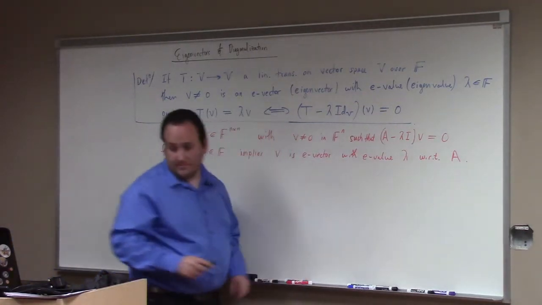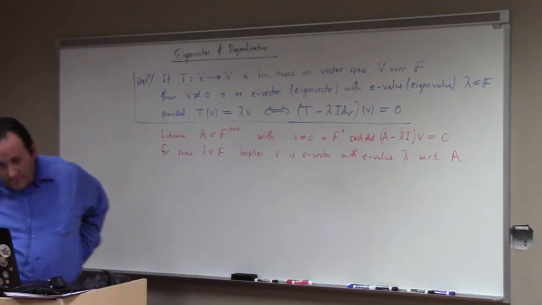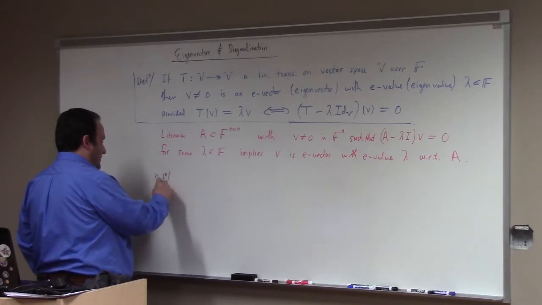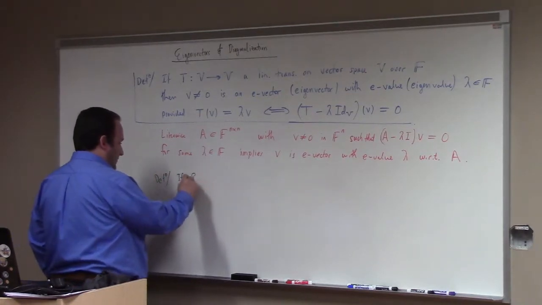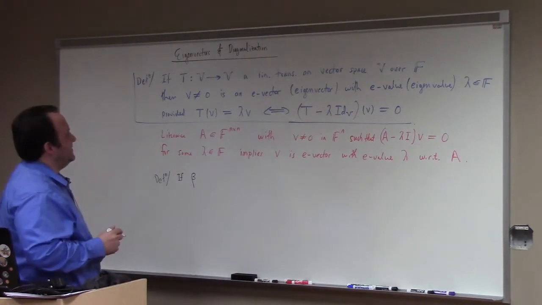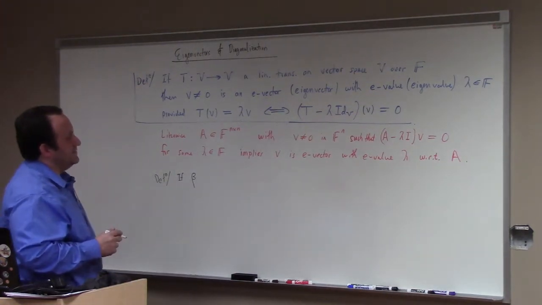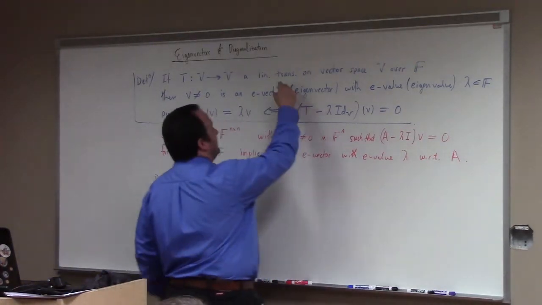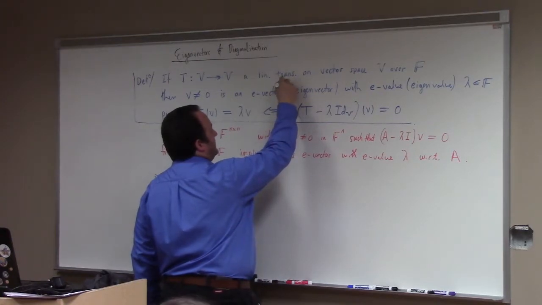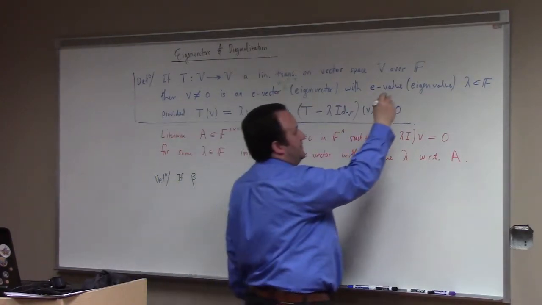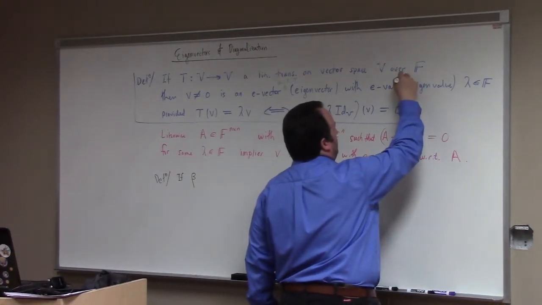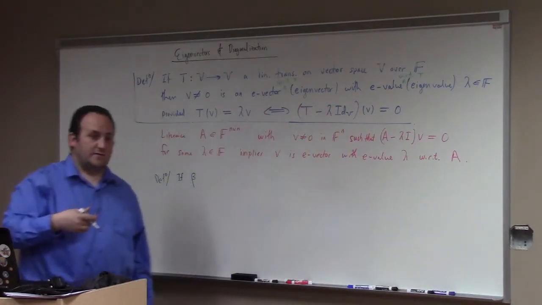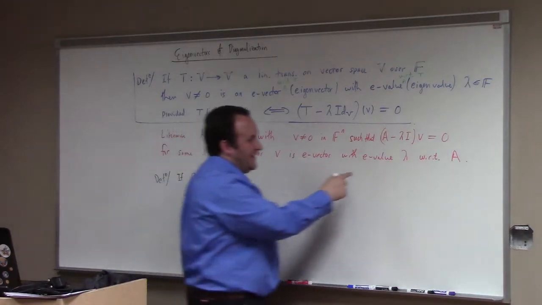Let's see here. Furthermore, let's get these definitions out of the way. I really should say, to be more precise, eigenvector with respect to T and eigenvalue with respect to T. Now, we don't always put that in there, like I've put with respect to A down here.